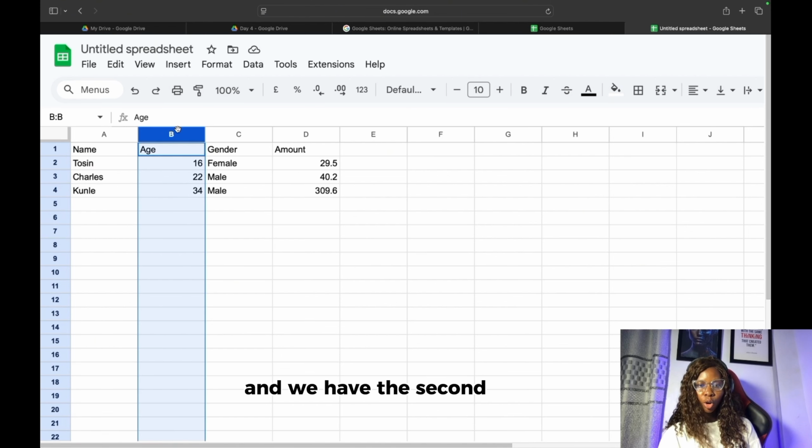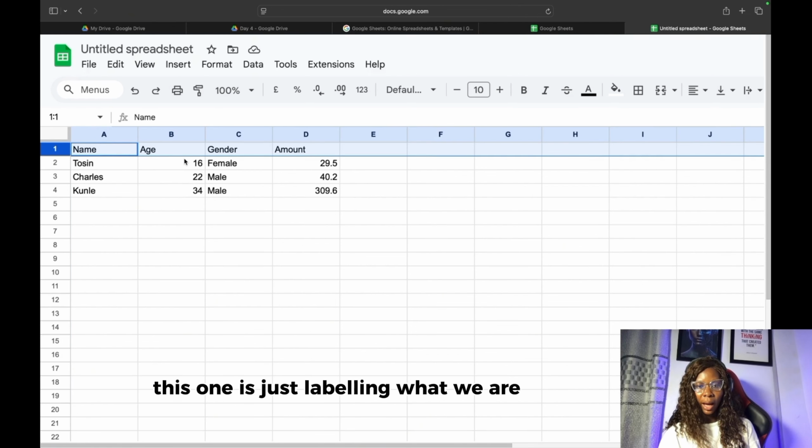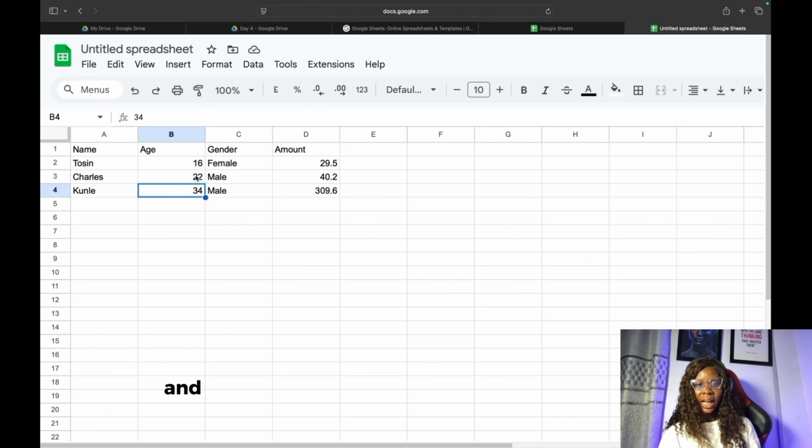And we have the second column. This particular column contains the ages like 16, 22, 34. So you don't really have to care about the column header. This one is just labeling what we are having inside, right? So we are focusing on the values inside it. So these are numbers, right? And we can call this numerical data type.